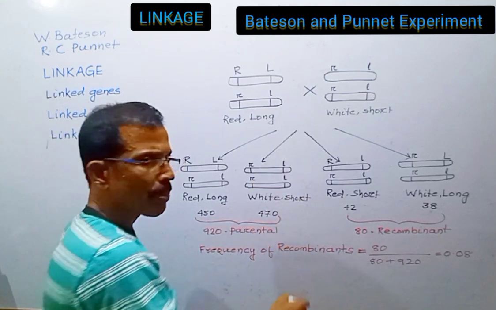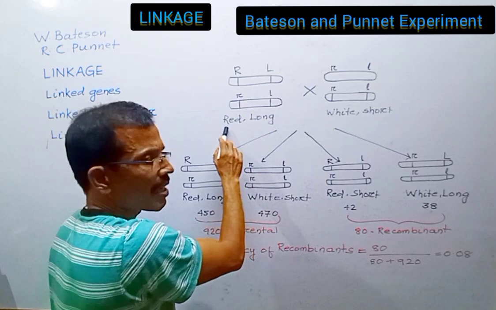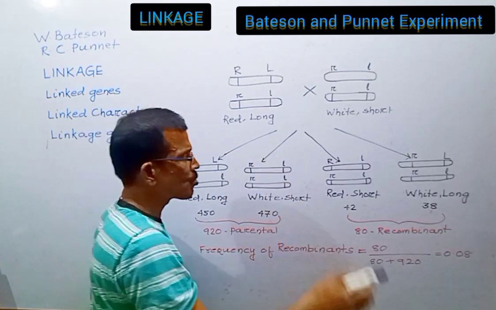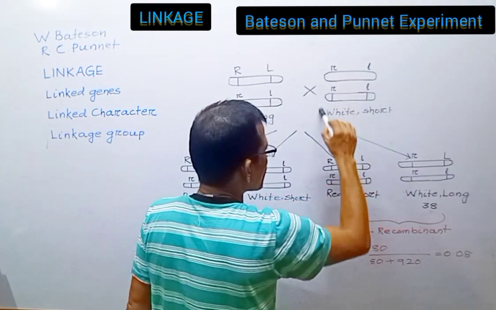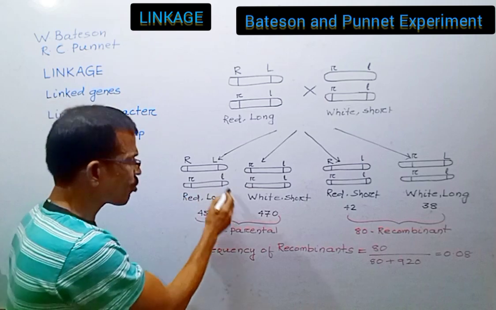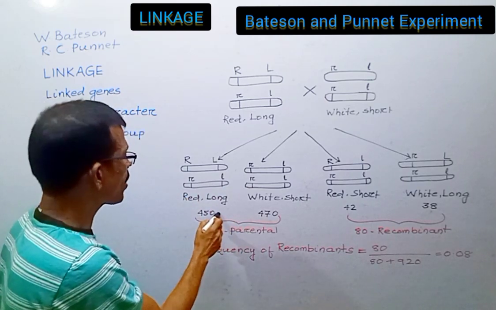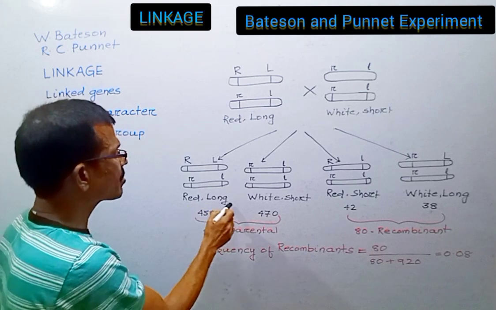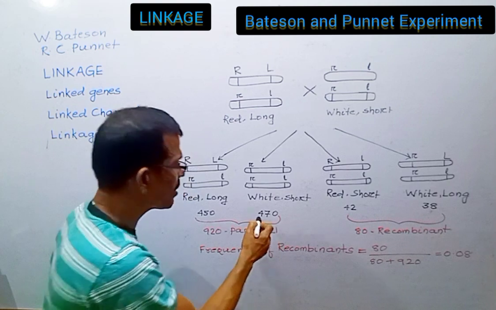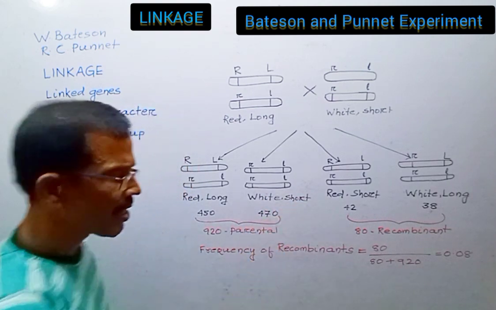In this example, doubly heterozygous F1 hybrids having red flowers and long pollen grains were crossed to pea plants which are double recessive. Out of 1000 progeny that were examined, 450 plants had red flowers with long pollen grains and 470 plants had white flowers with short pollen grains.